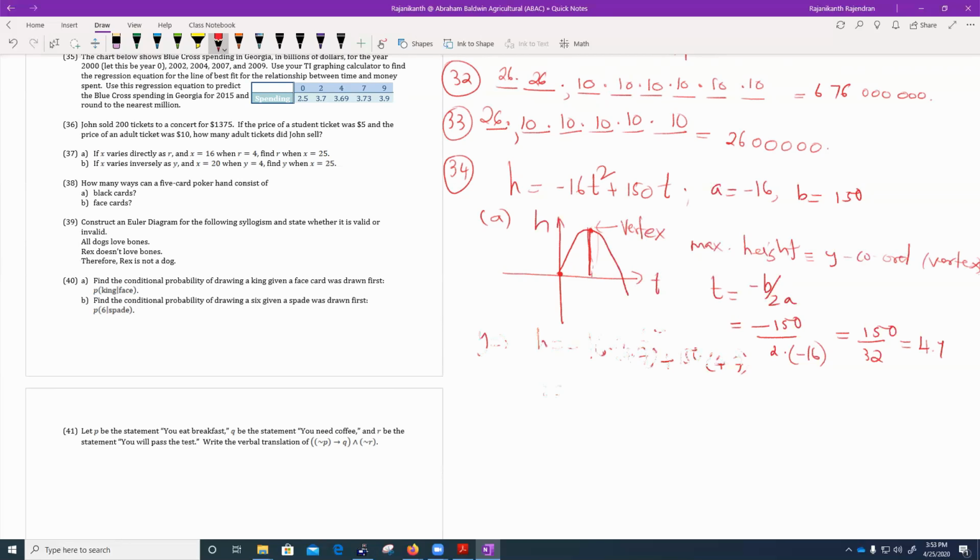Now take your calculator and simplify. This is the maximum height. If you simplify correctly, you should get 351.56 feet. This is the maximum height of the object.